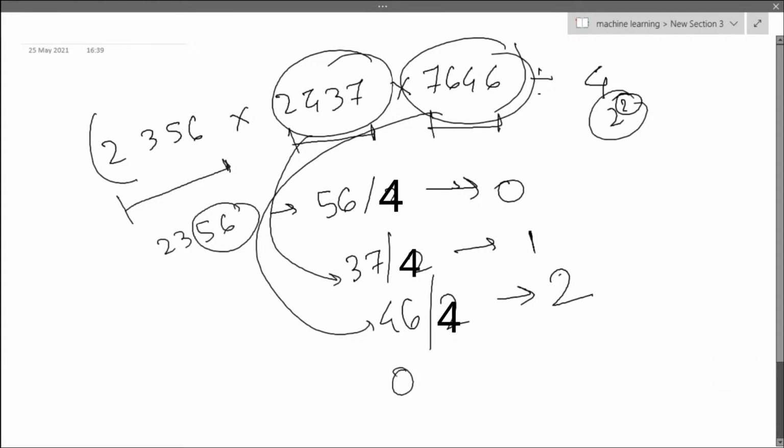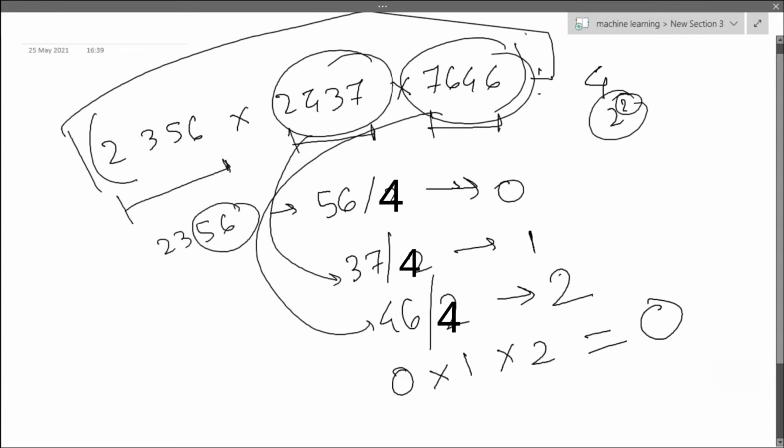Multiply them, and it is the remainder of the whole big number. In the examination, if you multiply it, then divide by 4 and find the remainder, you can attempt this question quickly and leave the other questions.